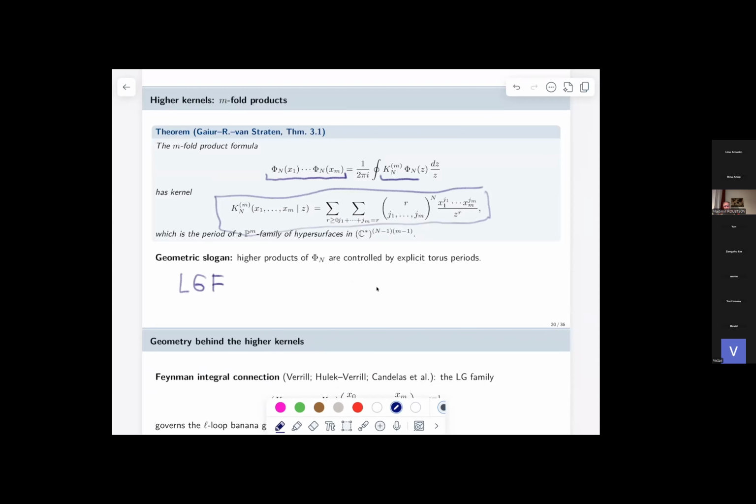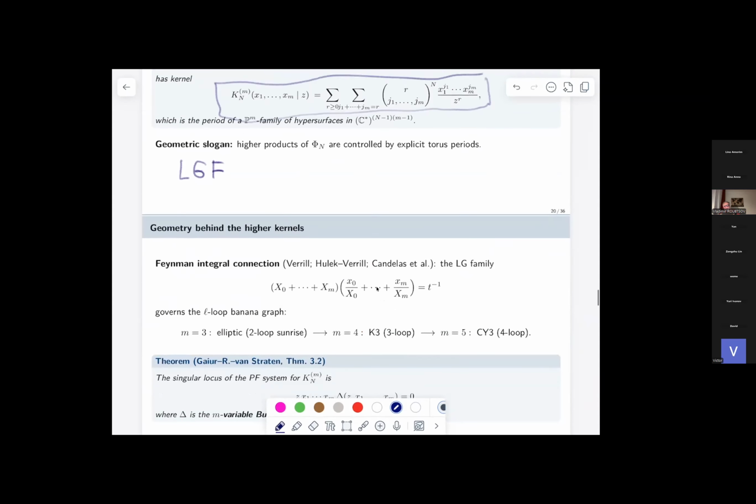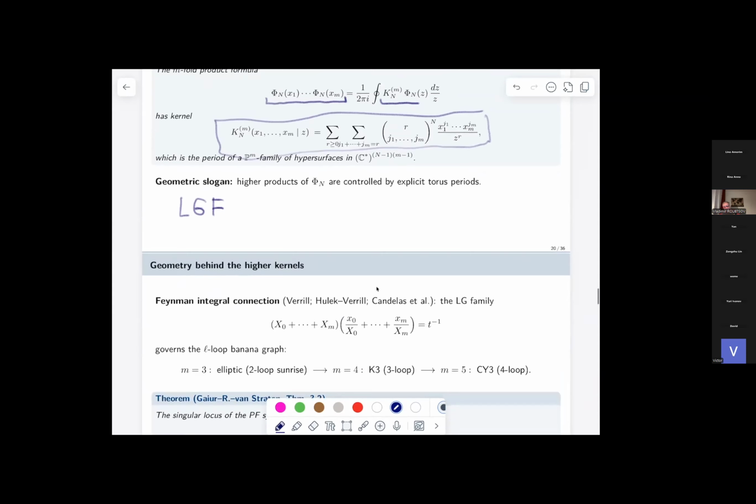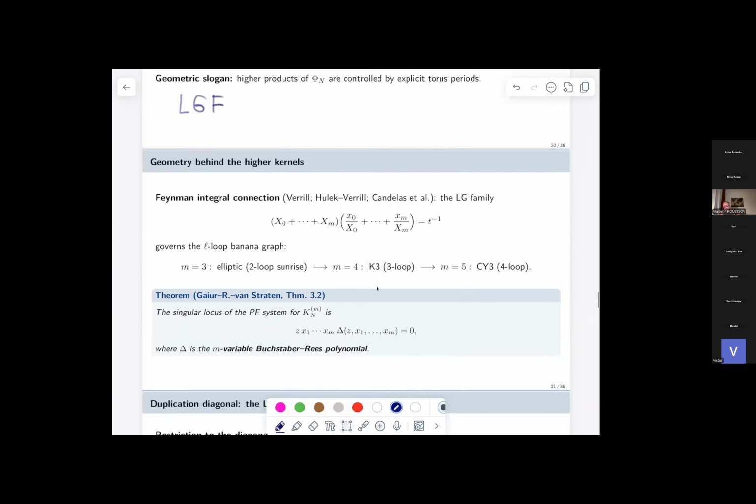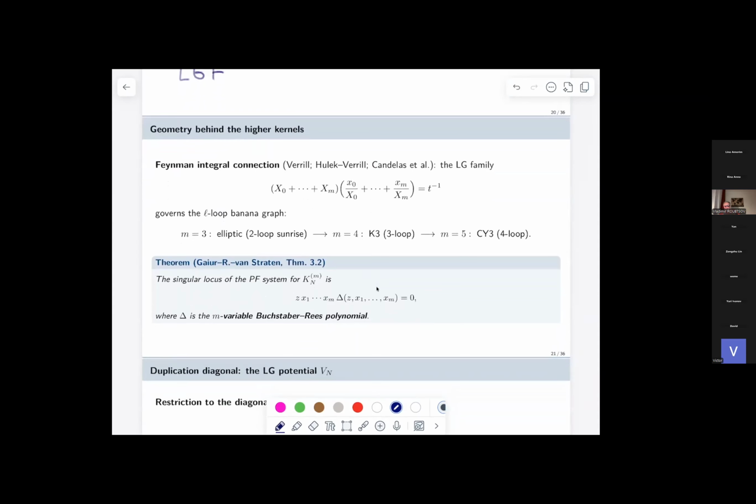And they do not coincide with this LGF, but they relate to LGF by the Borel transform. This is not yet written, though it is proven. And the geometry of these multinomial kernels, even in our paper, is verified with the following application to the geometry of so-called Hulek-Verrill varieties.